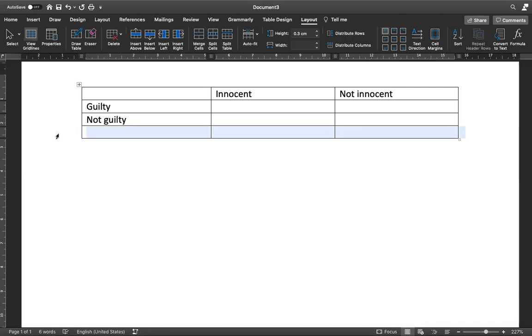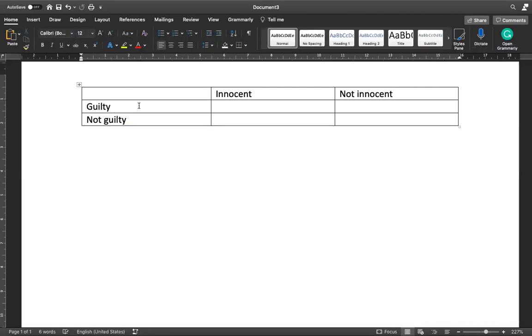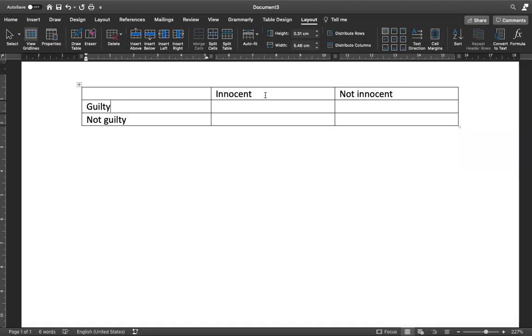Now, if the person was innocent, but pronounced guilty, is that a correct decision or a wrong decision? It's a wrong decision. So let's put this one here. If the person was not innocent, and is pronounced guilty, is that a correct decision or a wrong decision?